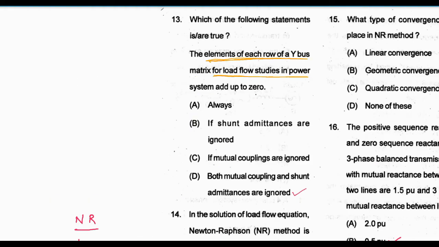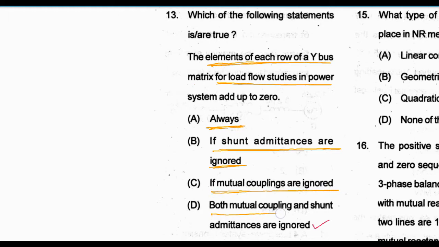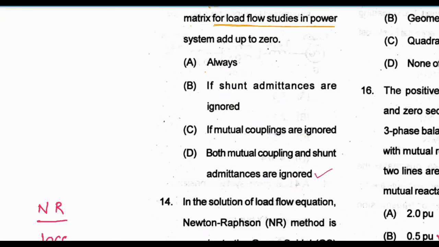So in the options given, the sum is always 0 if shunt admittances are ignored, or if mutual coupling is ignored. Option D is both mutual coupling and shunt admittances are ignored. So here option D is the correct answer. This will be 0 only if both mutual coupling and shunt admittances are ignored.